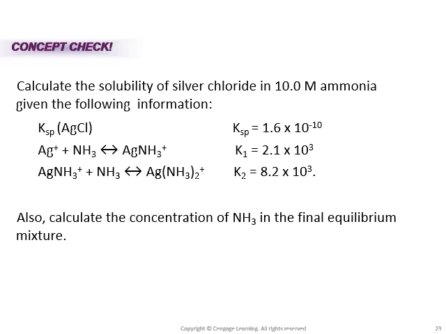The answer is it would be Ksp times K1 times K2, which winds up being about 32 times 10 to the minus 4th, or 3.2 times 10 to the minus 3rd. Anyway, we'll see that in a minute, but just multiply all three of those numbers together to get the K value for all of the stuff happening at once.